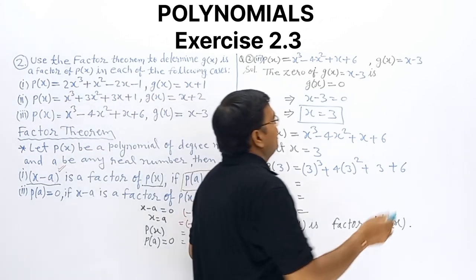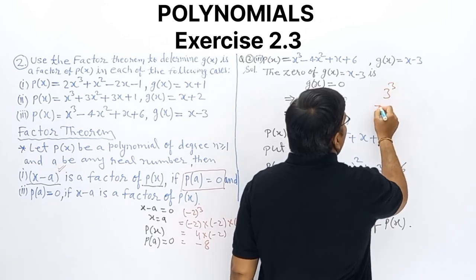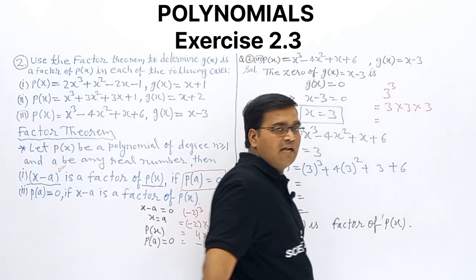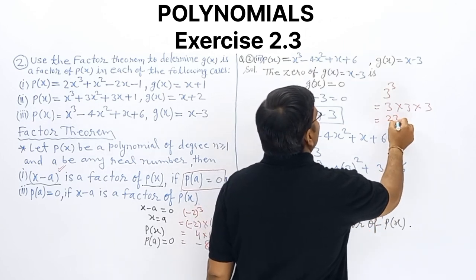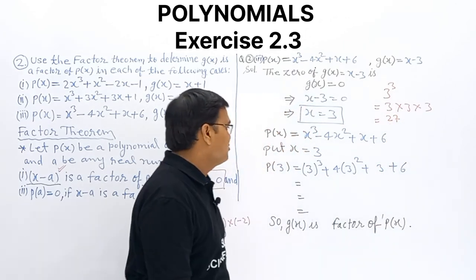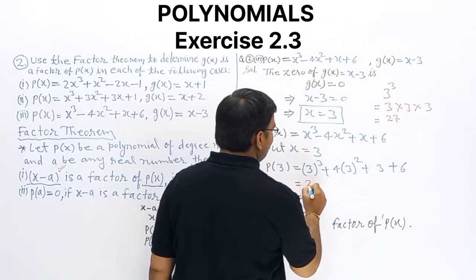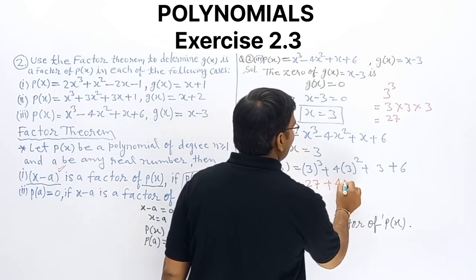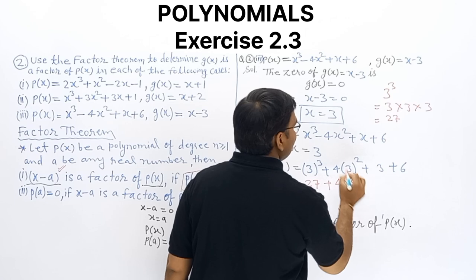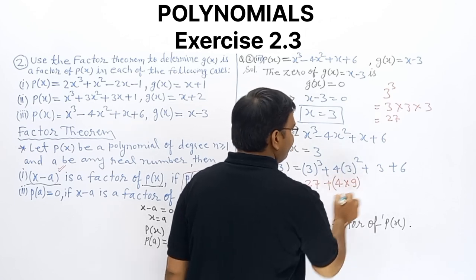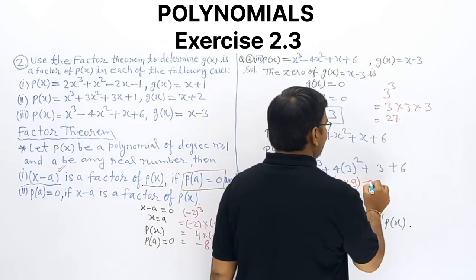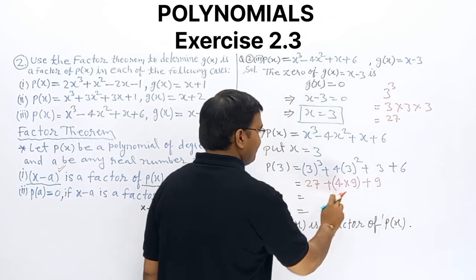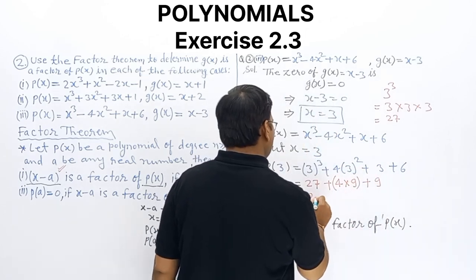Observe, 3 cube can be written as 3 into 3 into 3. 3 threes are 9, 9 threes are 27. So its value is 27. Clear? Then 4 into 3 square, which is 9. We will multiply first, then we will add and subtract. 6 plus 3 will be 9. First do multiplication.